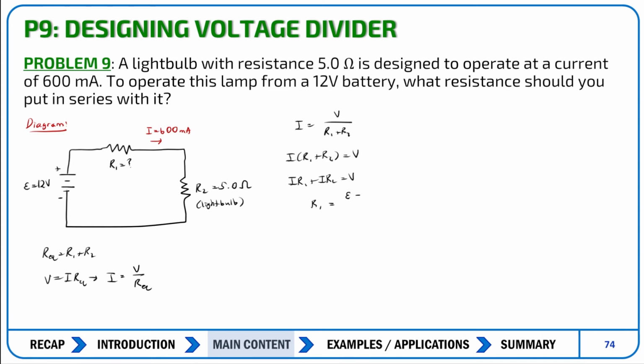We have epsilon minus IR2, divided by I. That gives me R1 equals 12 volts minus 600 times 10 to the negative 3 amps times R2, which is 5.0 ohms, divided by 600 times 10 to the negative 3 amps. So R1 is then going to be approximately 15 ohms. So that is the resistance that we would have to put in series with the light bulb to operate the lamp from a 12-volt battery.